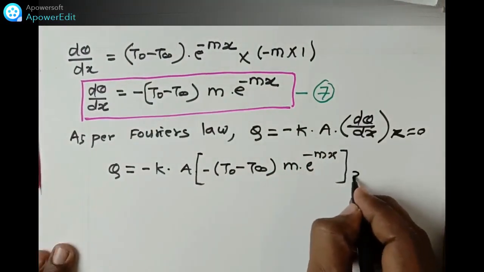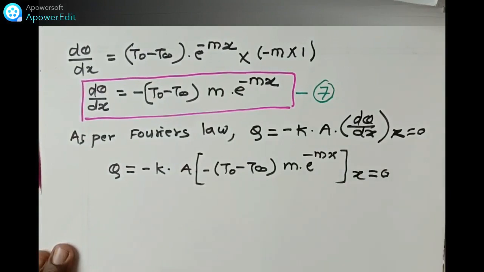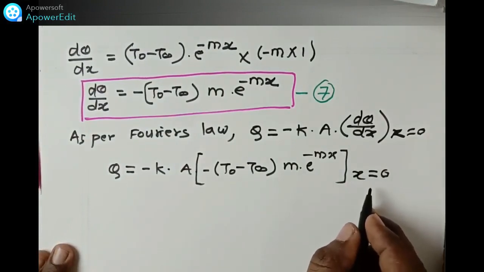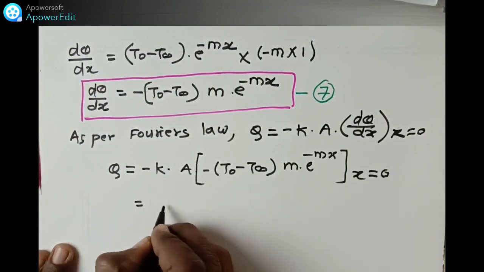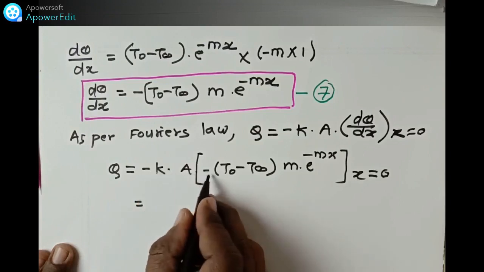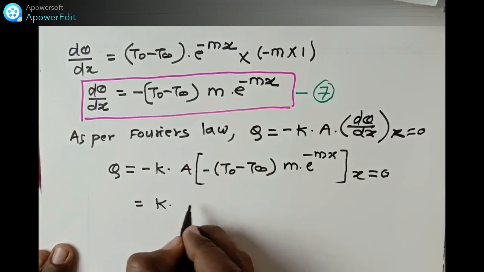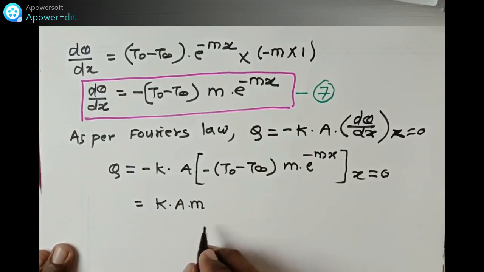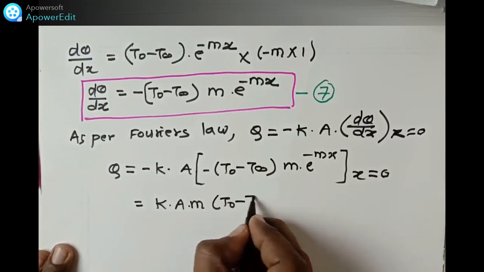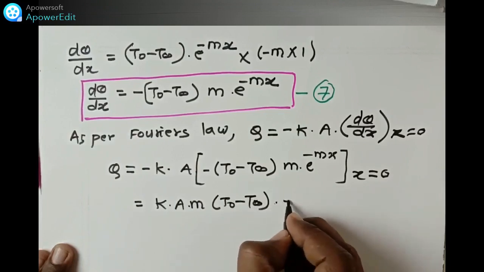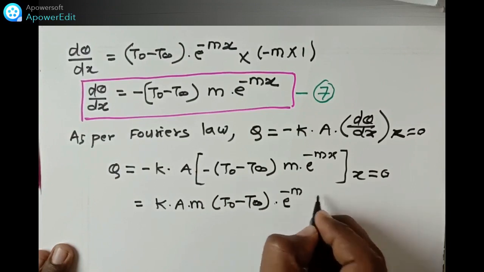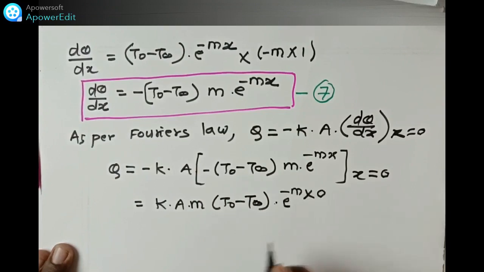At x is equal to 0. So next, now what we have to put? We have to put value of x is equal to 0. So next, this minus sign will become plus. So K into A, this M will come outside the bracket, T0 minus T infinity into e raised to minus M, value of x that we have to write as 0.